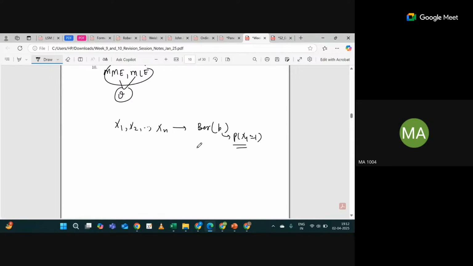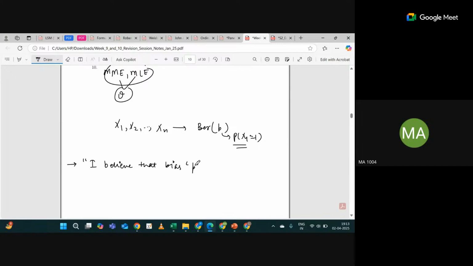Suppose, based on your prior knowledge and prior experience, you make a statement that I believe this bias P, you are not saying it is, suppose for Bernoulli, if you say this is unbiased, let's say tossing a coin, it will be half, right? But you don't know that.